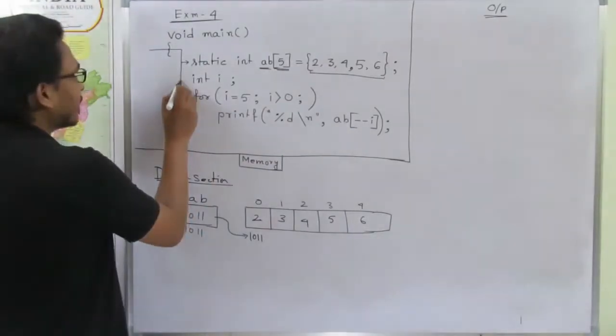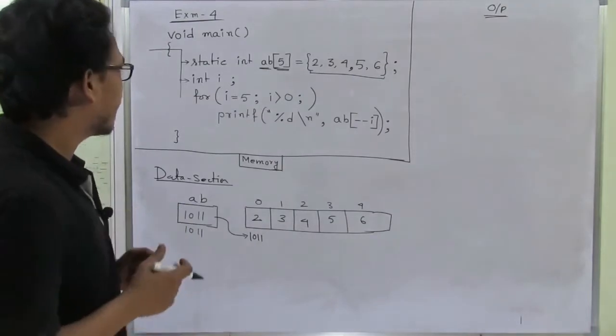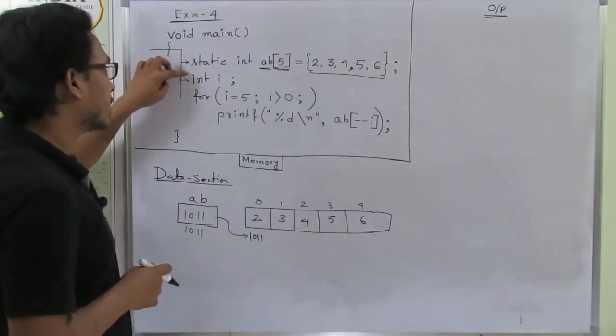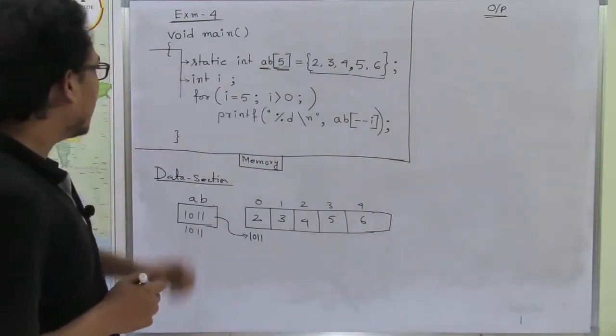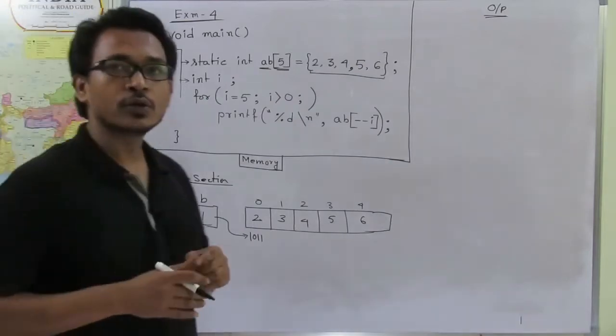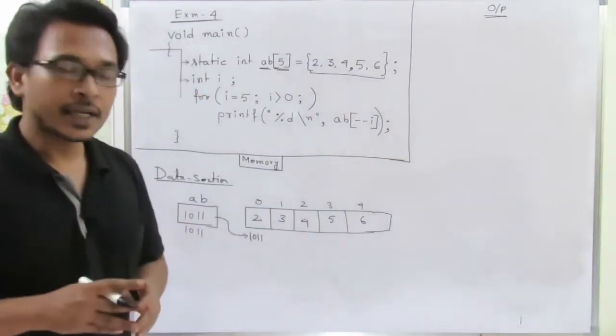Now coming to the next instruction, look, this is a general variable declarative statement and in this case the default storage class is auto. So whenever we declare an auto variable, whenever we use the auto storage class, at that time memory will be allocated from the stack section.